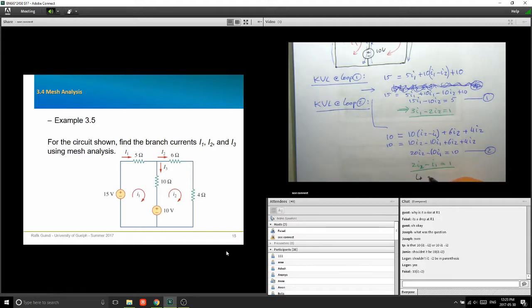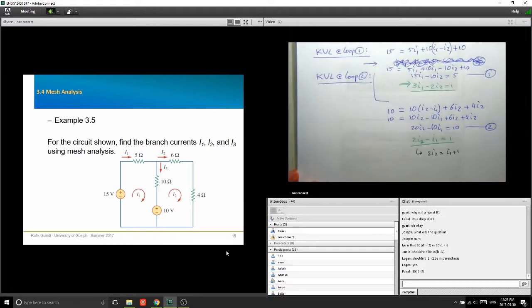From here, 2I2 equals I1 plus 1. I'm going to use this one in here. So I have 3I1 minus (I1 plus 1) equals 1. So 3I1 minus I1, that's 2I1 minus 1 equals 1. 2I1 equals 2. I1 equals 1 amp.